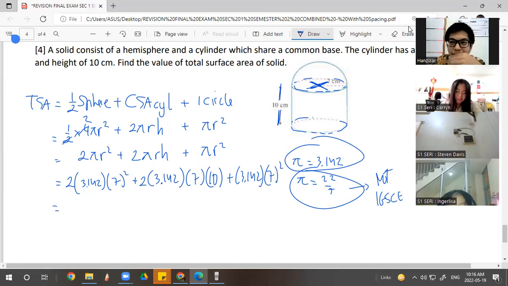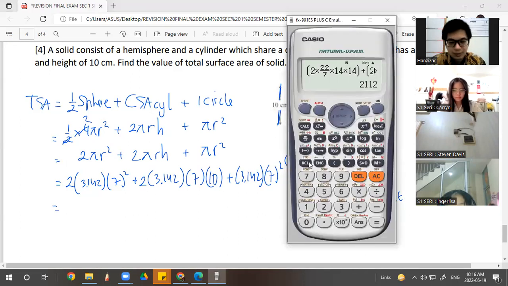How do you put it on your calculator? Just simply write it down here. Bracket 2 times 3.142 times 7 times 7, right? 7 squared is 7 times 7, and you add the curved surface 2 times 3.142 times 7 times 10, 70, and then plus on the right side 3.142 times 7 squared, 7 times 7.